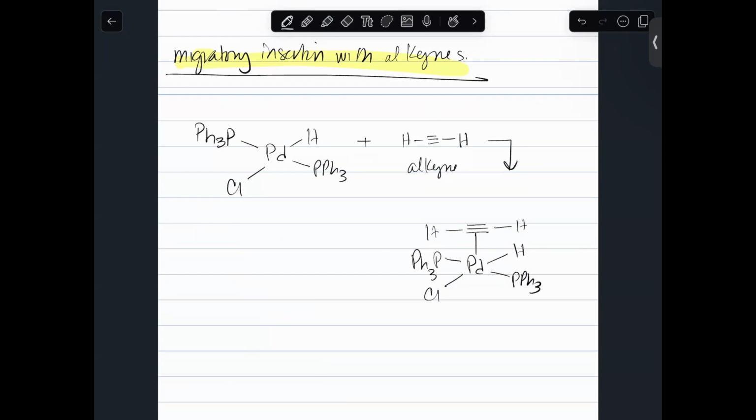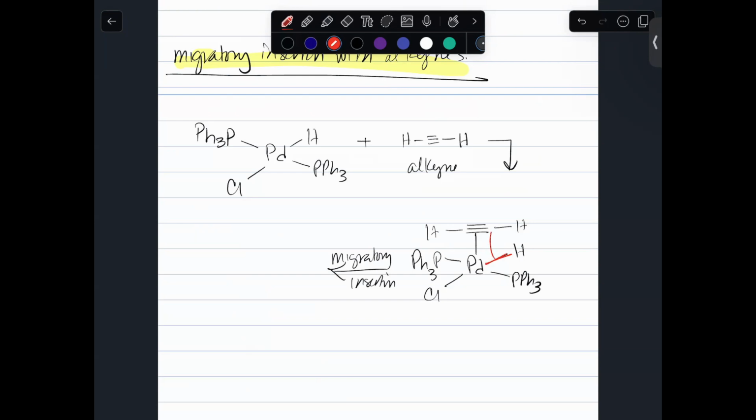We're at 18 electrons, just like before. I'll draw my migratory insertion arrows in red. It doesn't change. My nucleophile adds to my carbon. Electrons go towards the palladium.